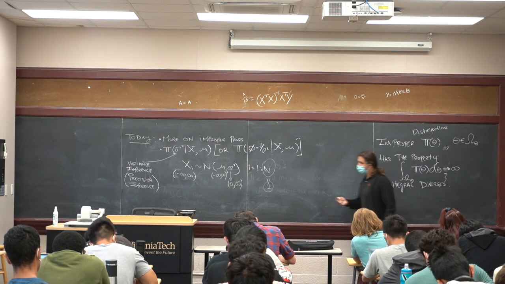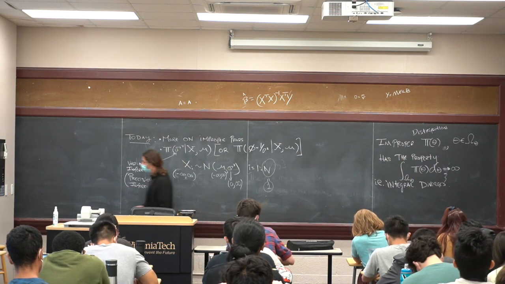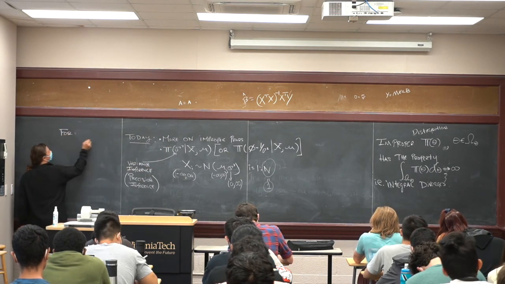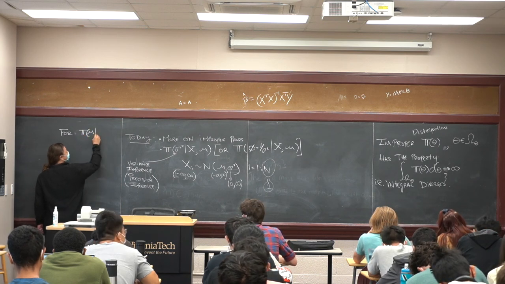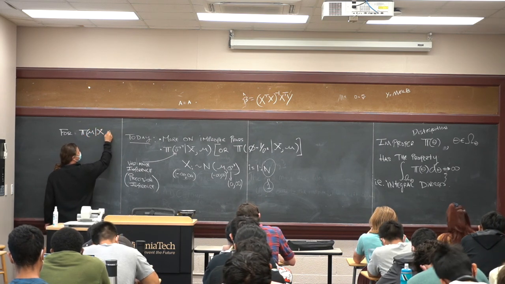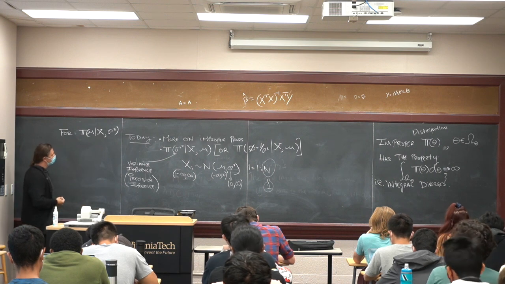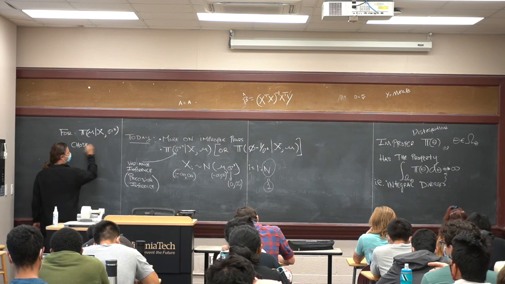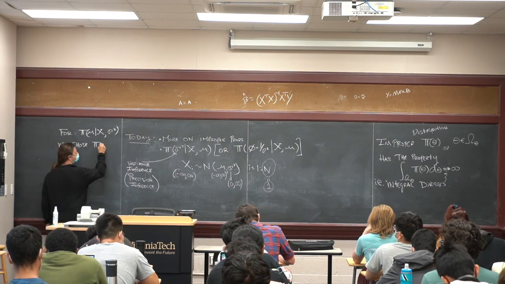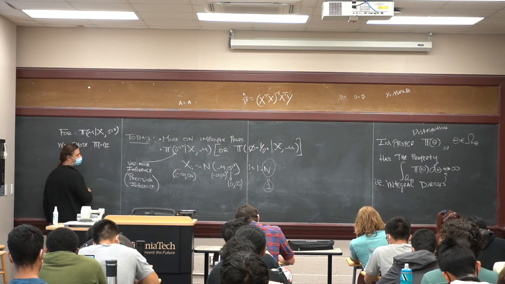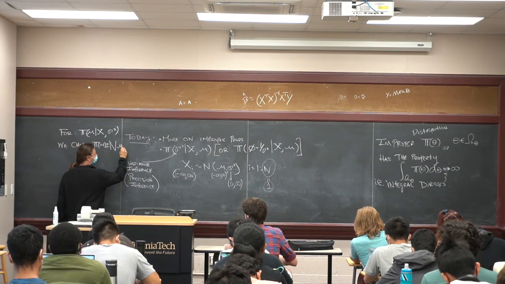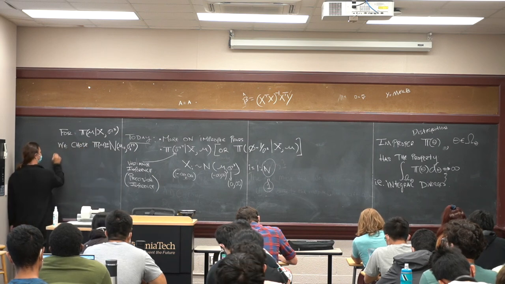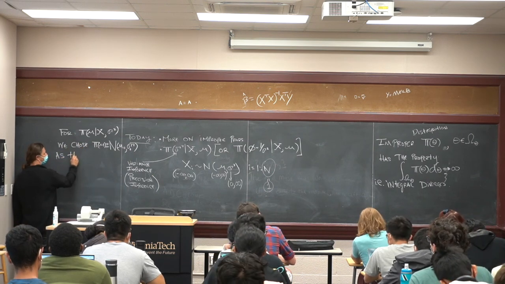Now we confronted one of these last time. So for our normal mean example, pi mu given x and sigma squared, we chose pi mu to be a normal with some parameters mu naught, sigma naught squared as the conjugate prior.